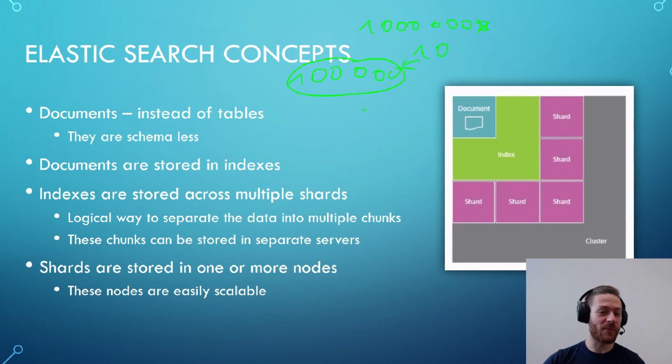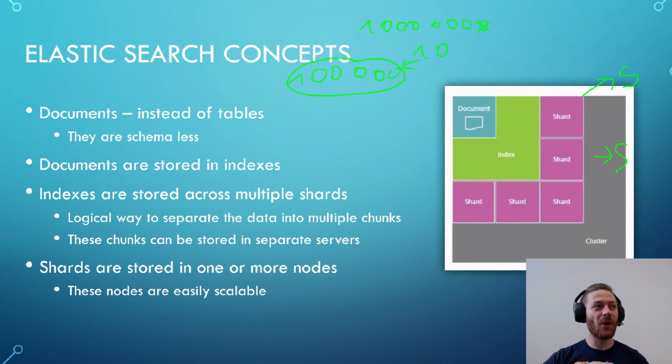So what's the purpose of this? The purpose is that if you separate your data initially in different shards, you can then easily tell Elasticsearch to move these shards to different computers, different servers. You can start your Elasticsearch instance on a single computer containing 10 shards, and that's completely okay.